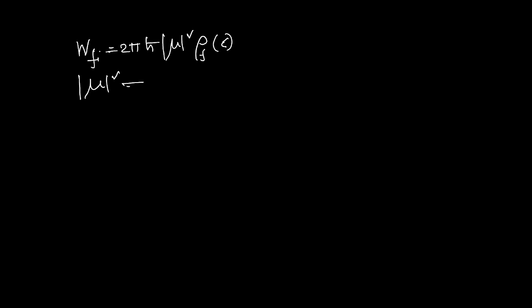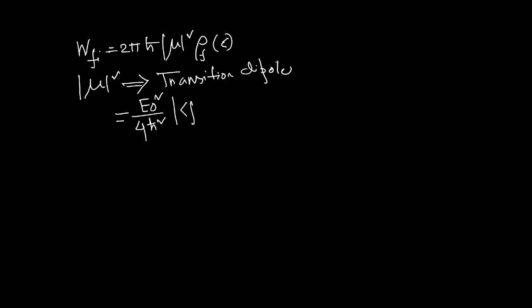So let's start with the same formula, 2 pi h cut mu square density of the state, where mu square is known as transition dipole, having this expression.